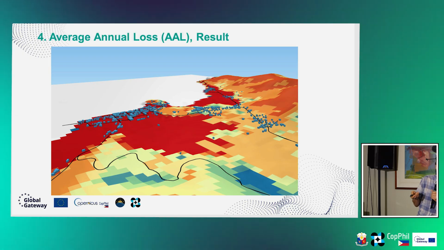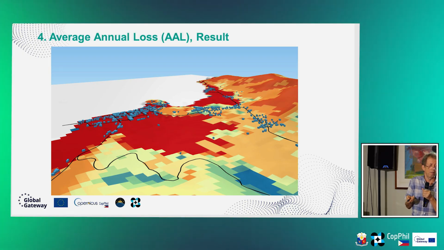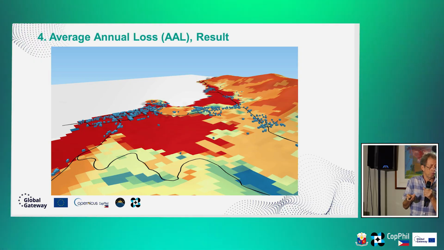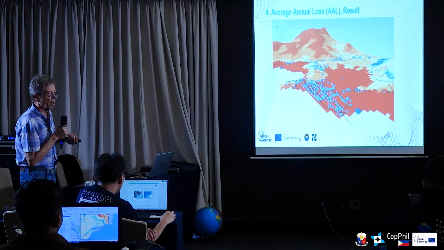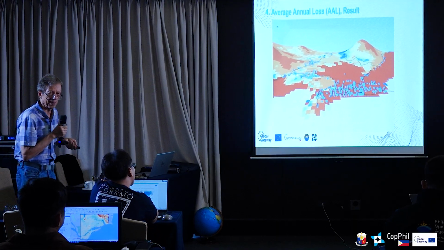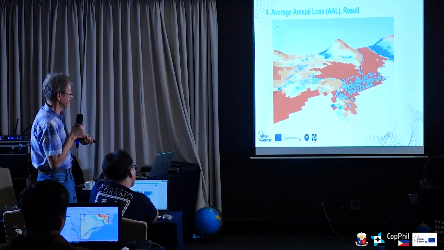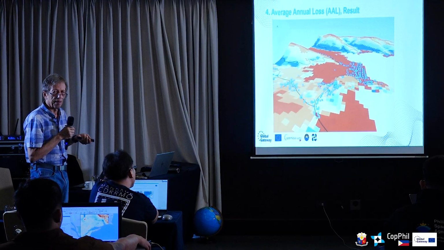So here I put a layer with buildings in 3D format so that you can see where buildings are exposed to what type of risk. Yeah, so if you want to impress your mayor or so, then you can also present things like this. That is probably sometimes more convincing than the tables with data.